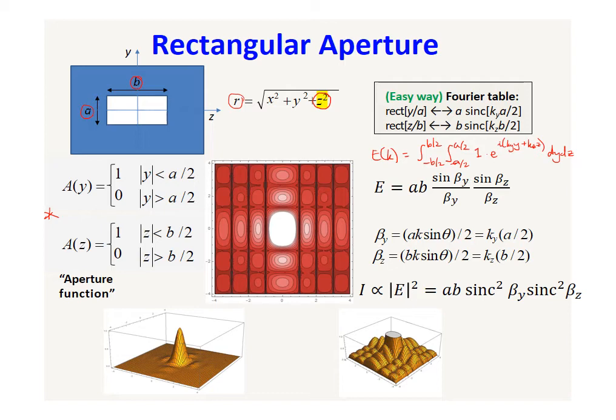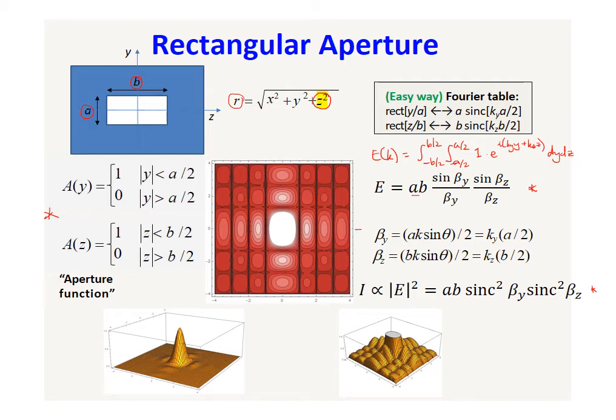Unsurprisingly, it gives us here a far-field electric field that's a product of sinc functions times AB, which is the area of the slit. And our irradiance pattern is going to be proportional to the electric field squared, which gives us the product of two sinc squared functions. Let's have a look at the contour plot showing intensity in the middle.